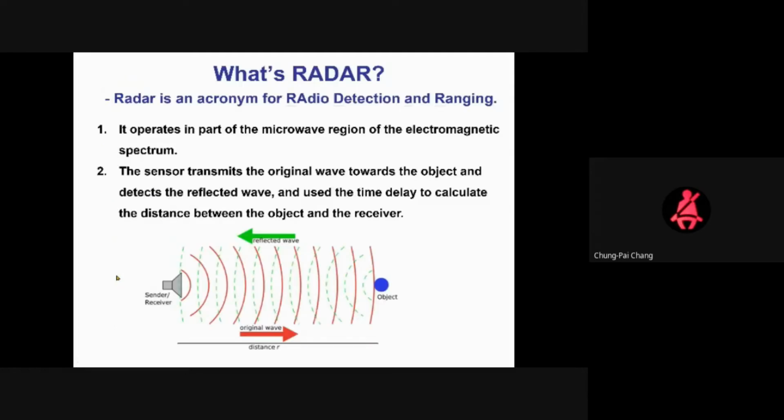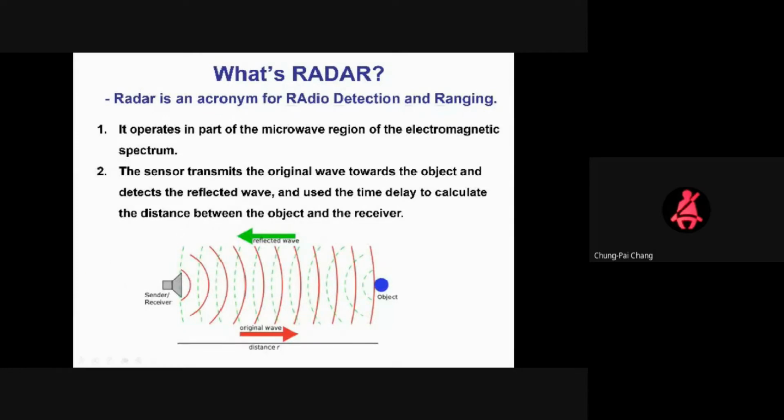So what's the radar? Radar is an acronym for radio detection and ranging. Of course, it uses microwaves, in the microwave region of the electromagnetic spectrum, to launch a wave that touches the object and receive the return signal, to detect the object and then measure the distance.